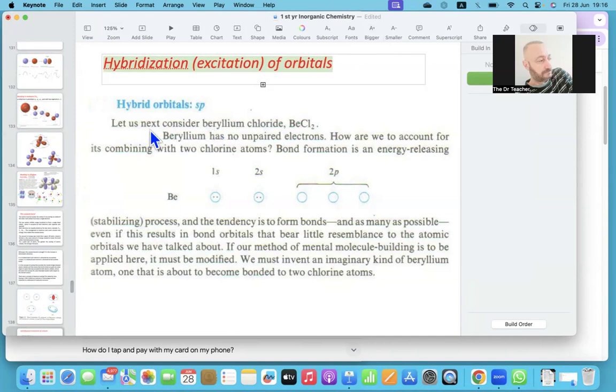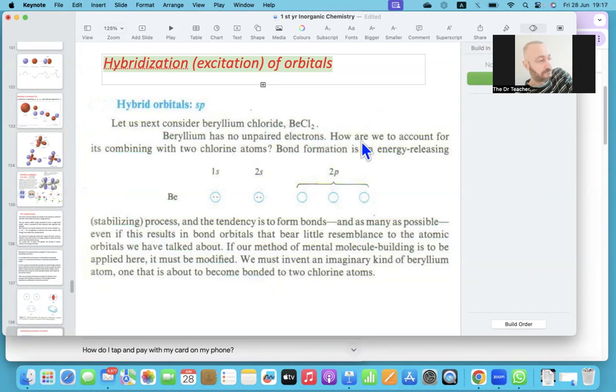So consider beryllium chloride. Beryllium chloride has no unpaired electrons. Beryllium itself has no unpaired electrons, because you remember beryllium has 1s2, 2s2, and that's it.